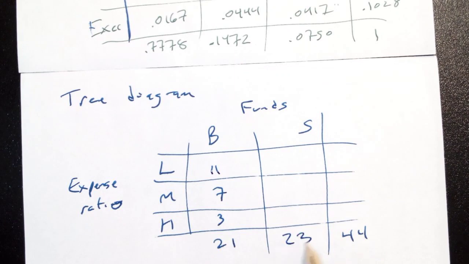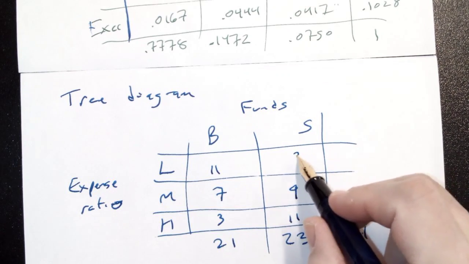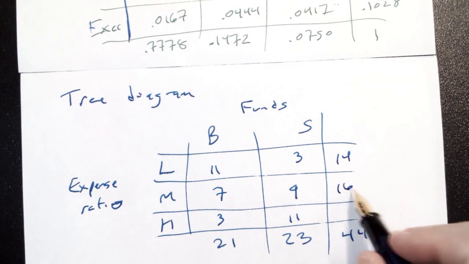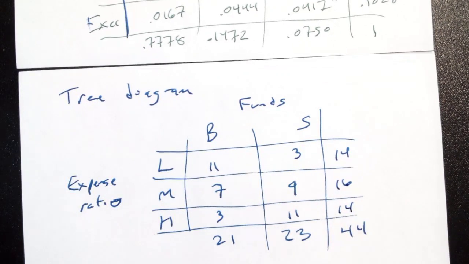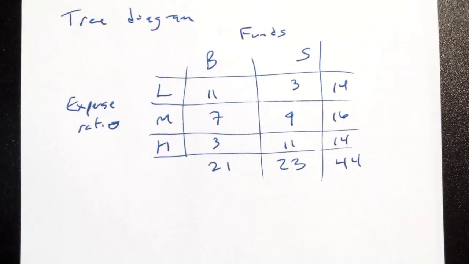There were 23 stock funds. 11 were high, 9 were medium, 3 were low. That gives me a 14 total here, a 16 total here, and a 14 total there. So this is my contingency table.